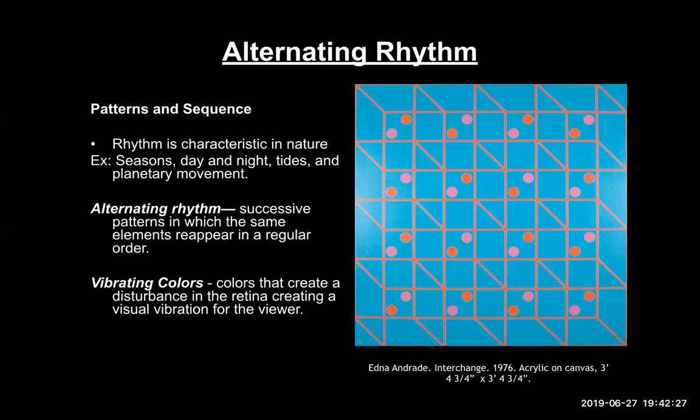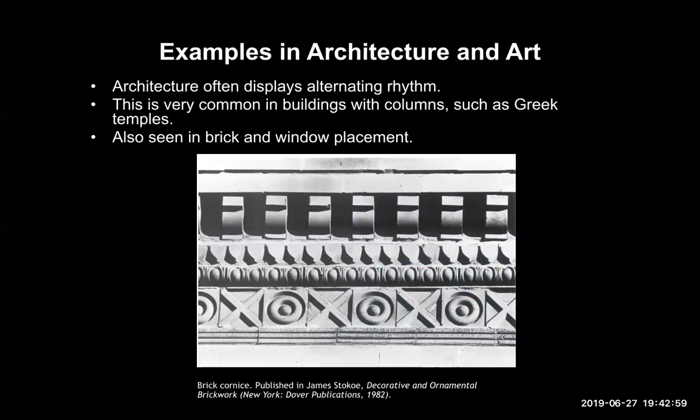But what keeps this from being kind of static and formal is that the colors the artist chose have such great contrast that this appears to be moving or vibrating as you look at it. So they've created rhythm in the pattern of this repeating pattern, but it's livened up by the color.